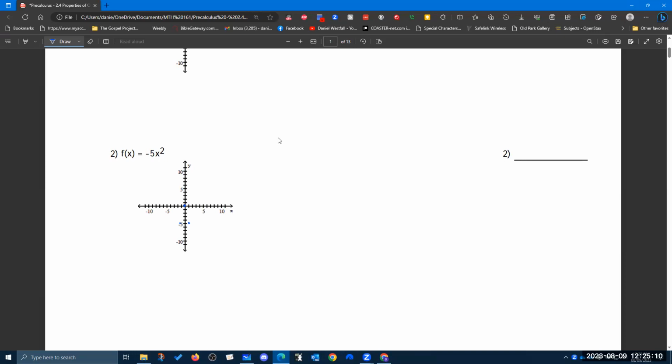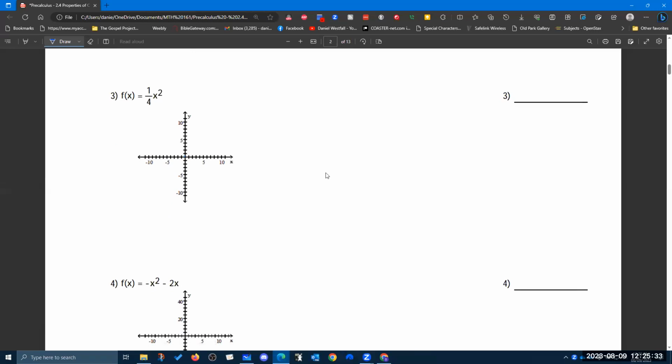When I go right 2, I need to go down 20, and that's not going to happen. So I'm just going to have to draw this with what I have. It's going down very quickly, like so, but it still looks quadratic.